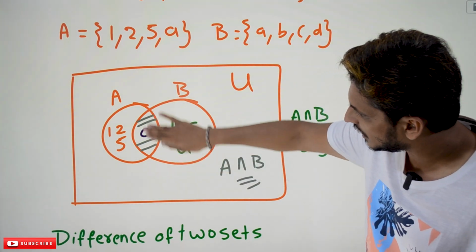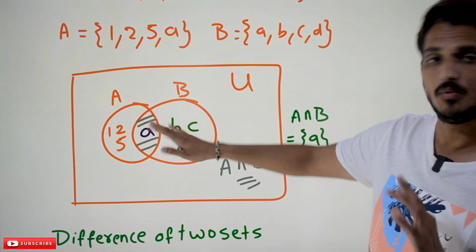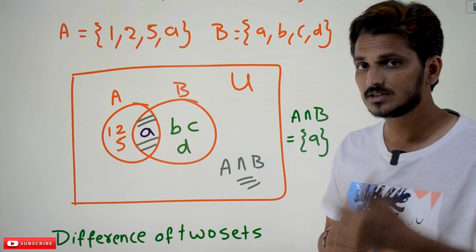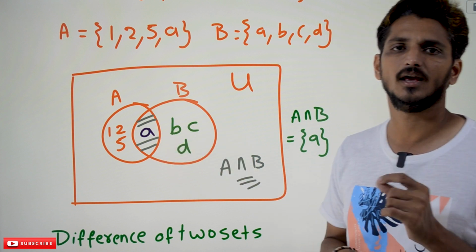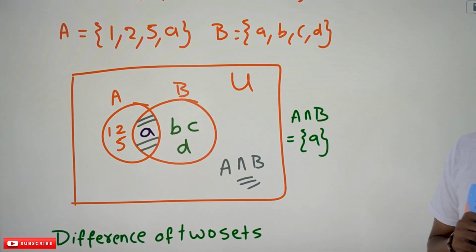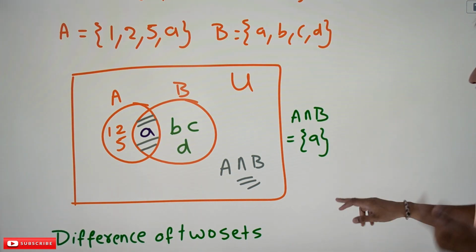This is the common area which belongs to both A and B. We call it A intersection B. What are the elements present in this common area? a, b. So A intersection B is equal to {a, b}. This is how we write the intersection.